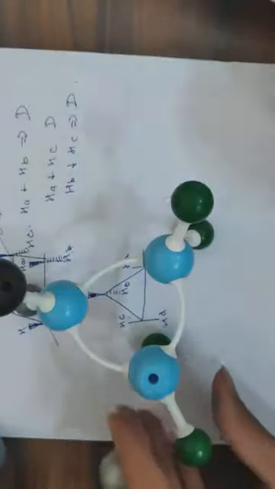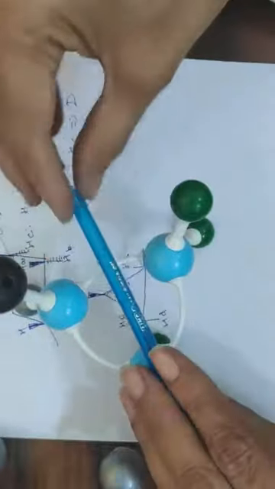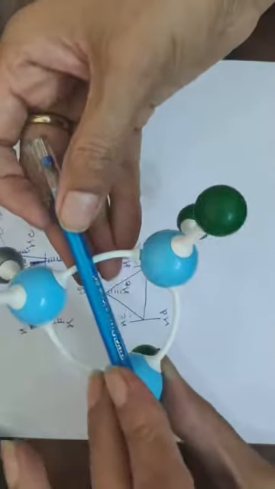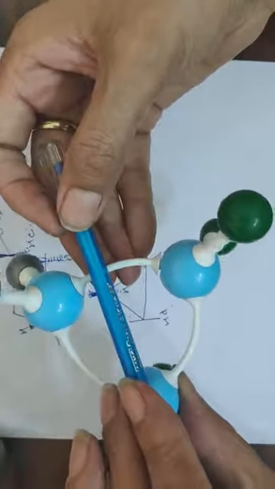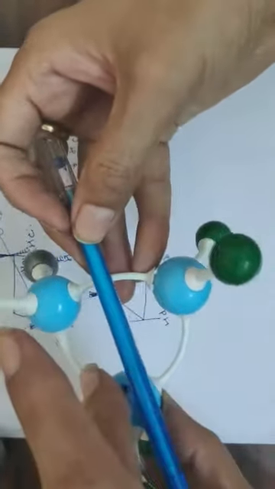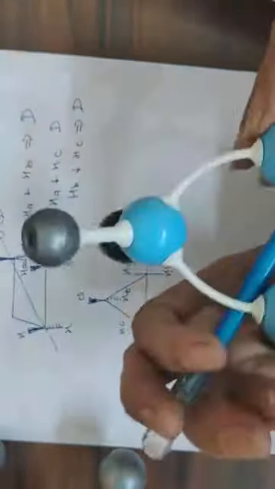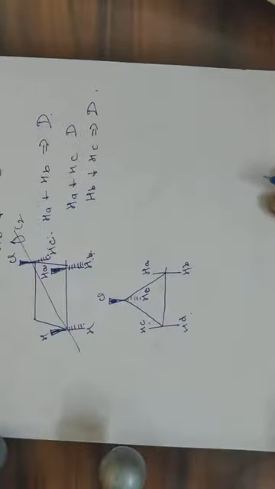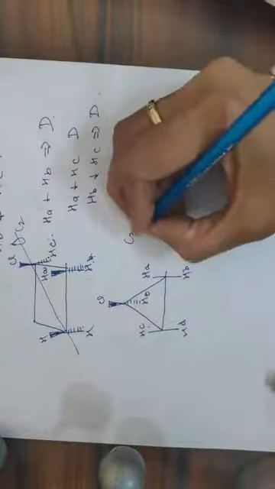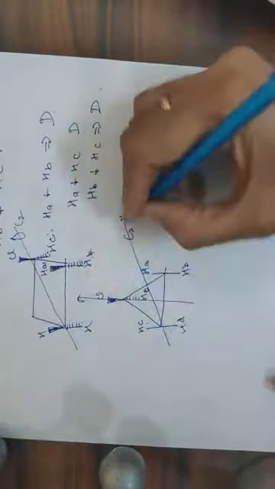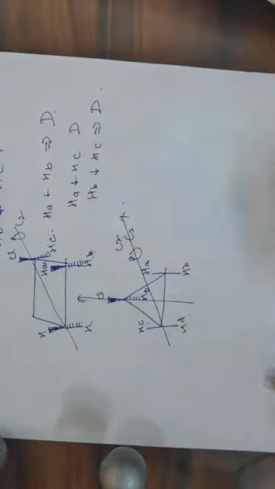Similarly, if you pass the axis from here and rotate it by 180 degrees, these will become like this and then these will go like this. So this is again a C2 axis, and it is not present. C2 is not present from here and C2 is not present from here.